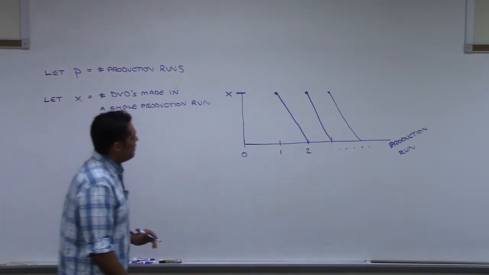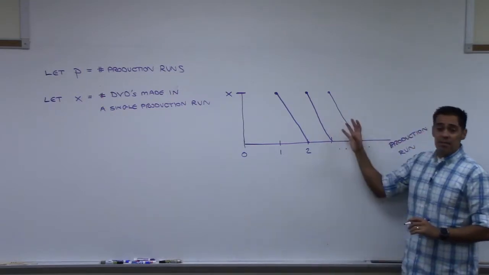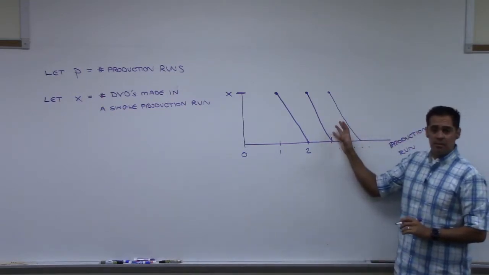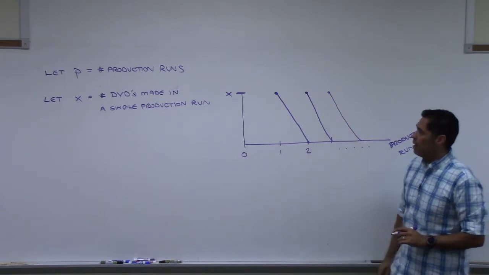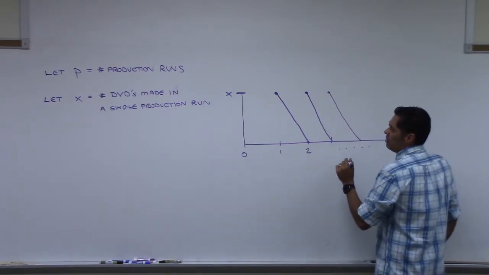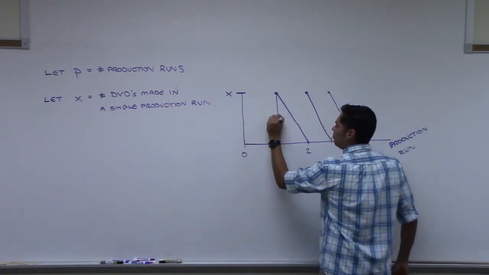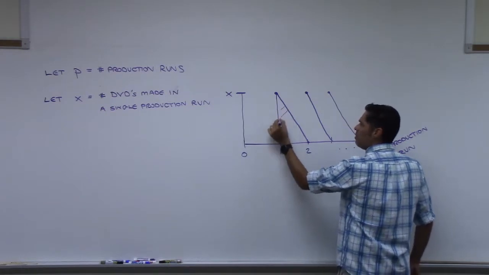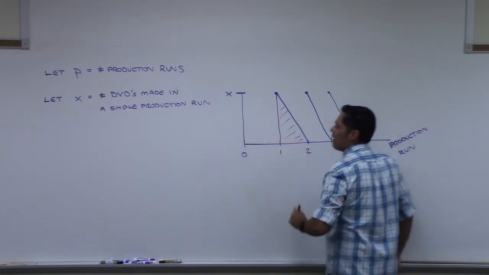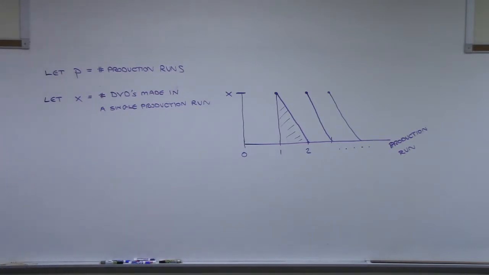So what we need to figure out is the cost of storing these DVDs. To do that, we can take an average. Think about it this way: if I asked you for the area of a triangle, y'all remember how to find it? One half base times height.